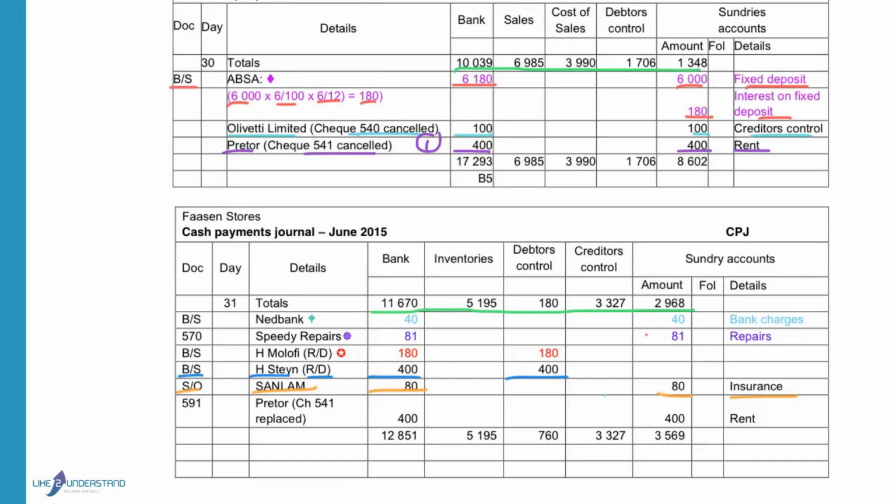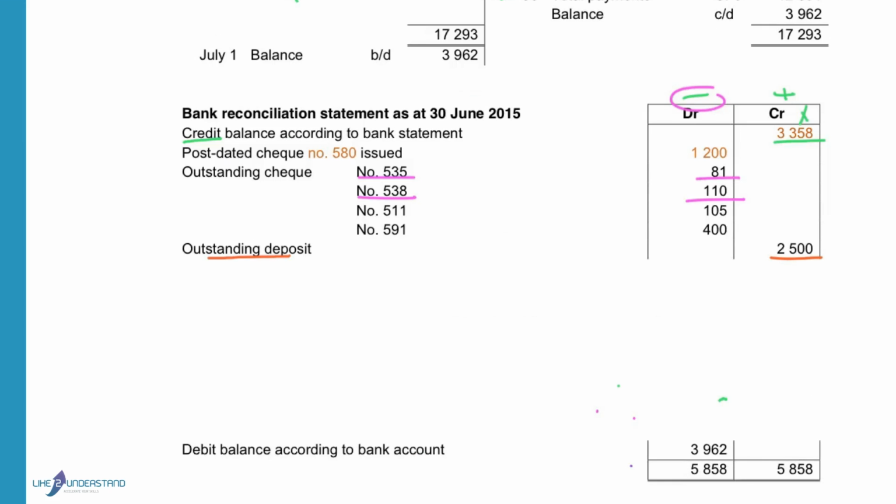Then when we issue the new cheque, we will show that this new cheque replaces the old cheque, and now we take 400 out of the bank and we increase the expense for rent again with 400 Rand. We just issued the cheque now. It was not deposited in the bank yet, so it's still an outstanding cheque.